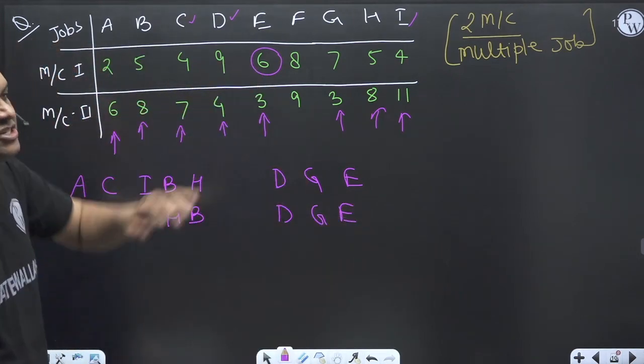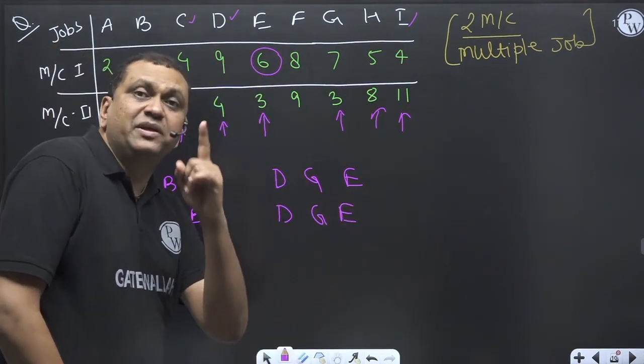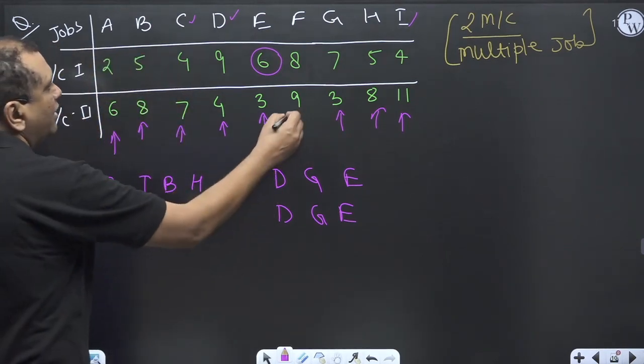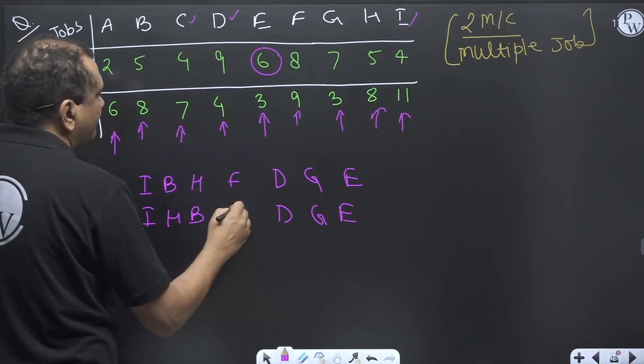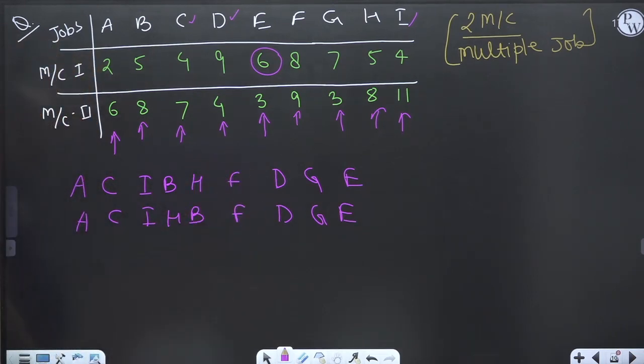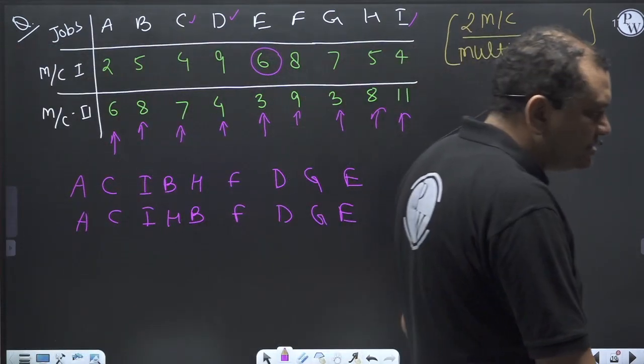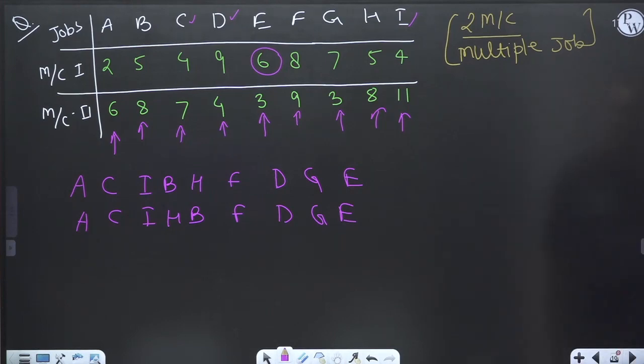If the other machine time is also the same, it means there are alternate solutions, either BH or HB, and the left out is F. So this is the sequence.